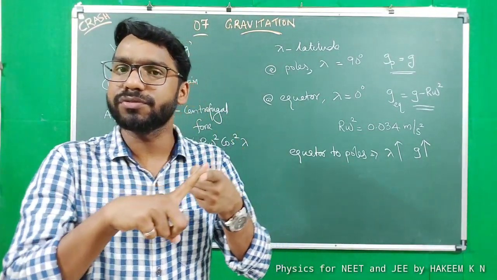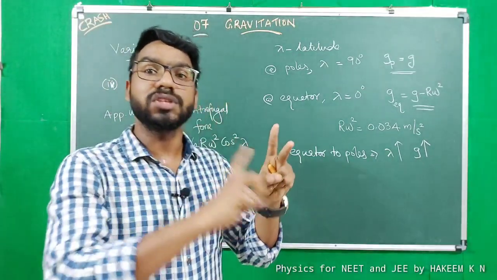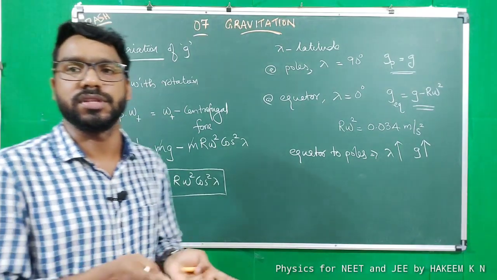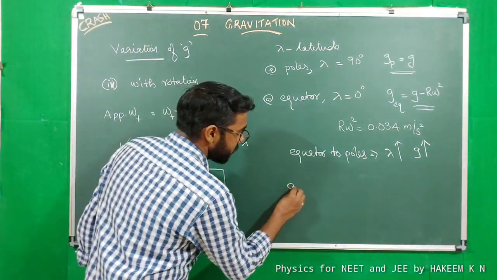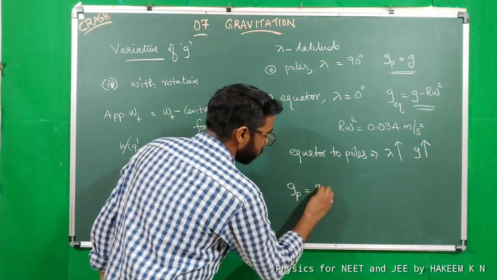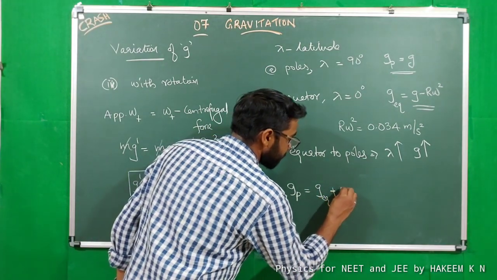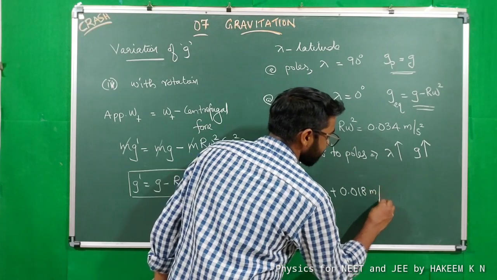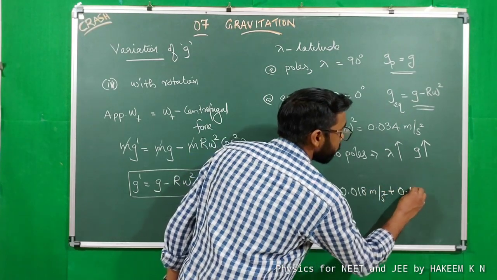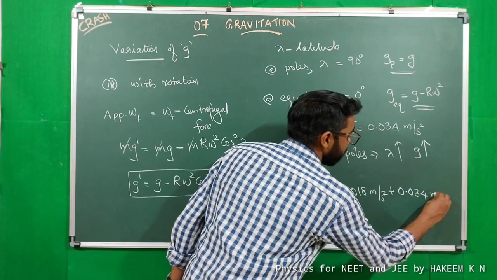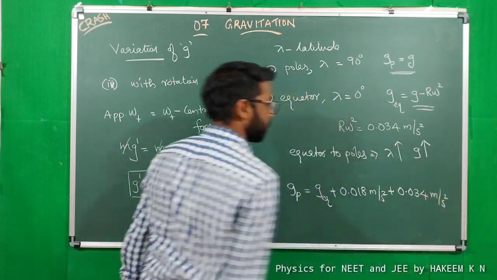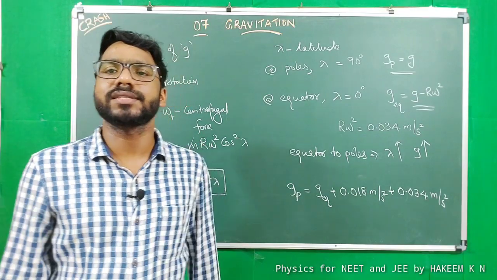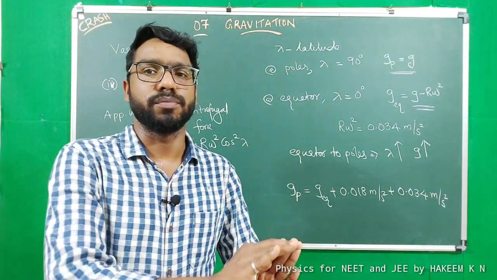One, rotation of Earth, and two, the shape of Earth that we discussed as the first case, variation of g. So g at poles equals g at equator plus 0.018 meter per second square plus 0.034 meter per second square. This is the value of acceleration due to gravity at poles.